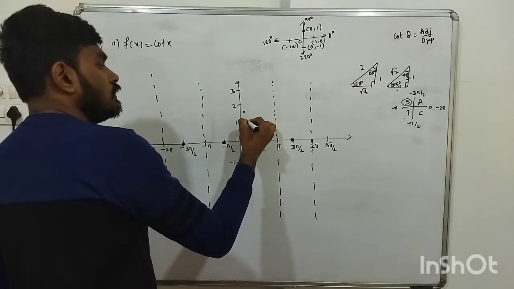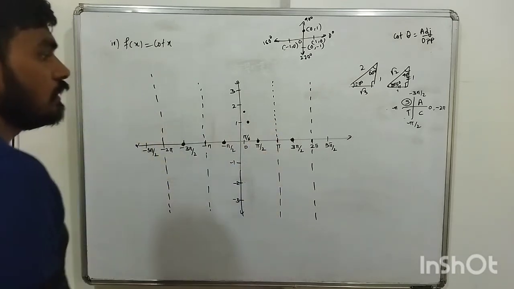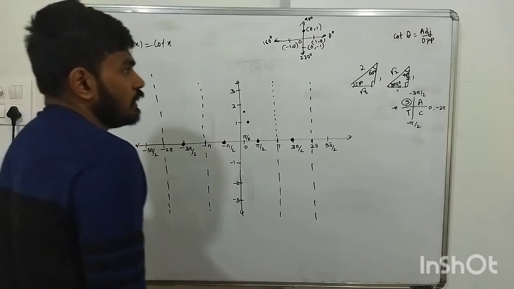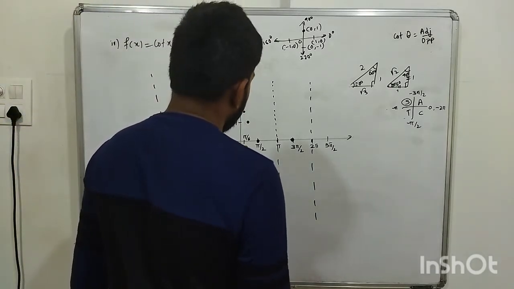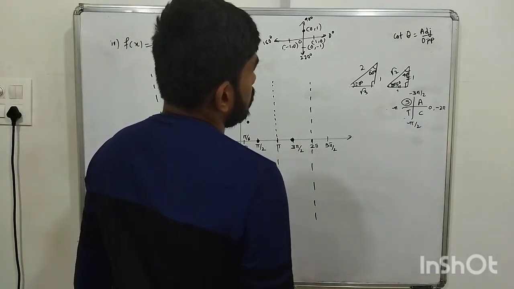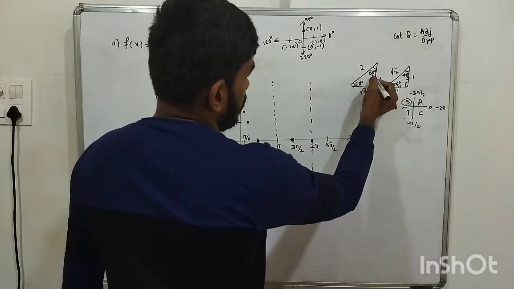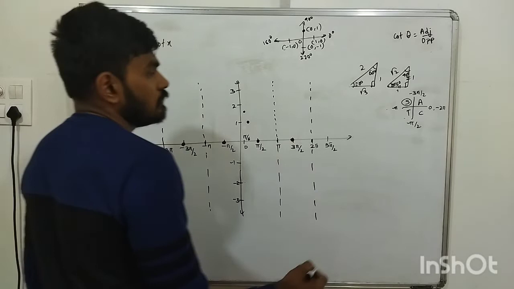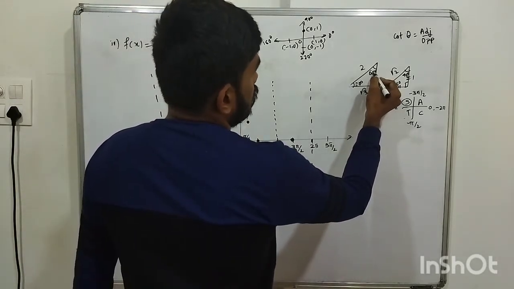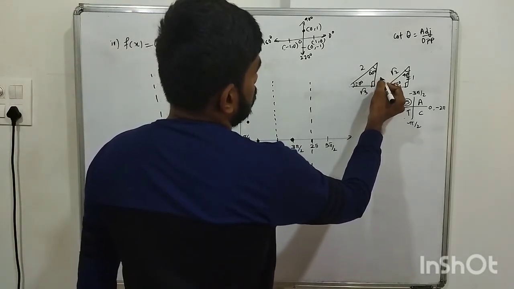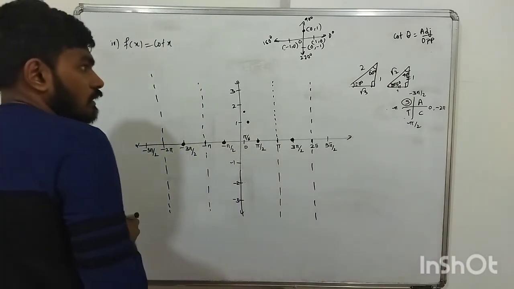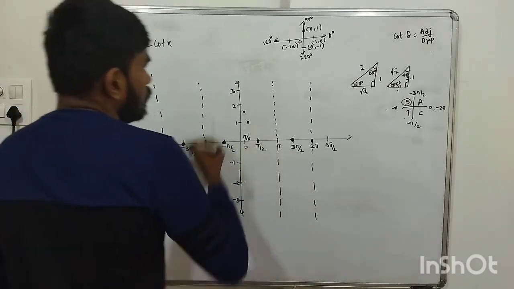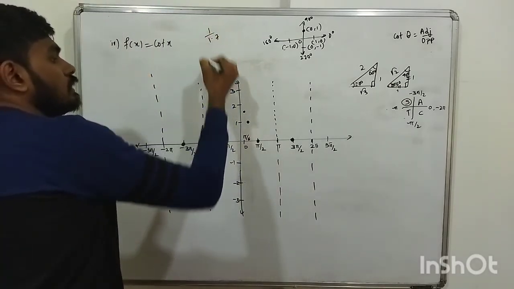Then 60 degree, pi by 3. Cot of pi by 3 is what? Cot of 60 degree is adjacent 1, opposite root 3. So it is again 1 upon 1.7, which is 0 point something.